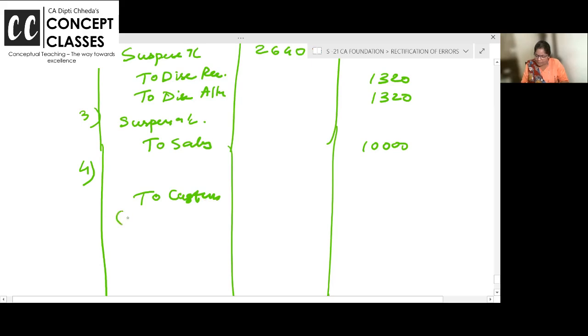You should have debited 1470. You debited 1740. Whatever extra debit you have done, you should credit.